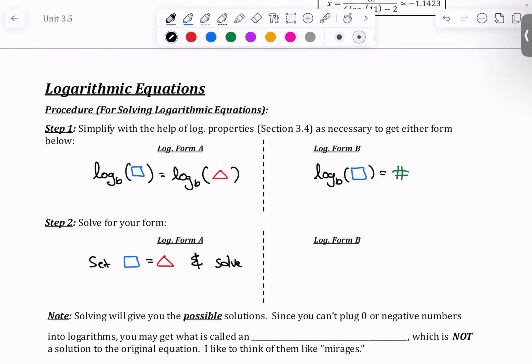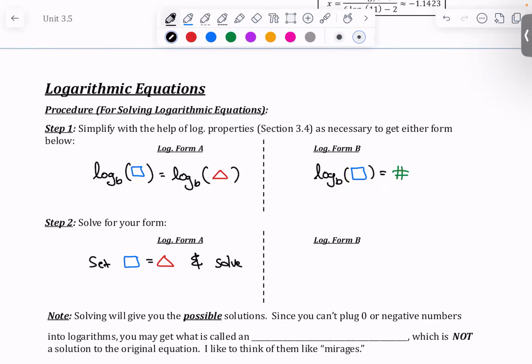If you're in the other format, though, the blue box is where all of the variables are hiding. And you might remember that if you were to convert this to exponential form, b raised to the number, that'll be a number, right? If this was 2 and this was 2, this would be 2 to the second power. So it'd be a number equals the variable stuff.